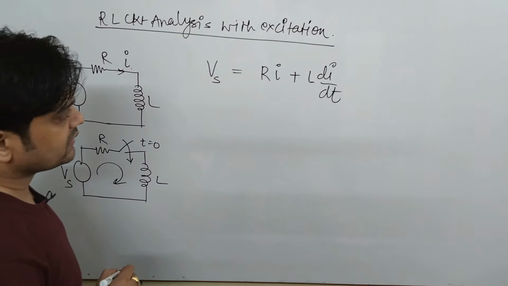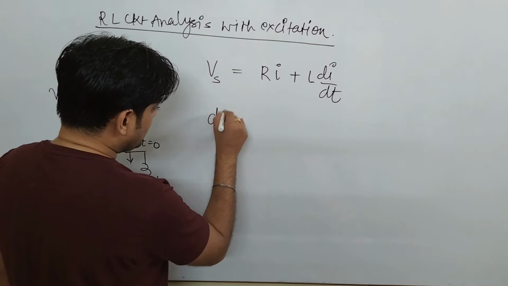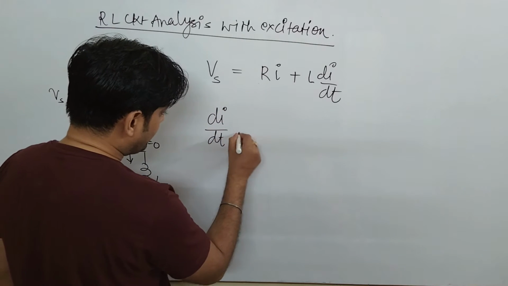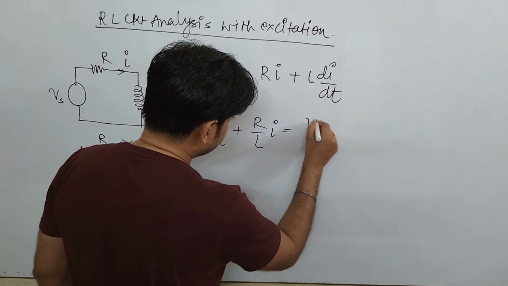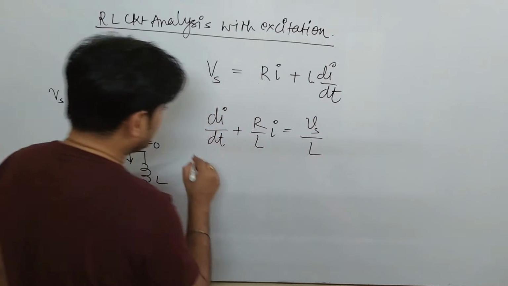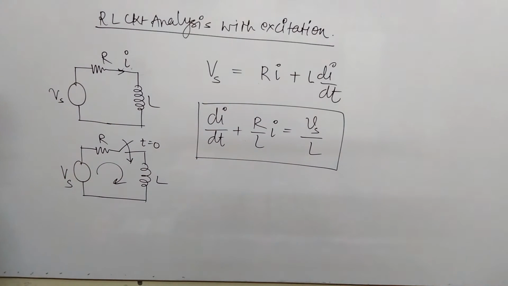This is your simple equation. You rearrange this equation and write it in the form: di by dt plus R by L i is equal to Vs by L. So this is your first order differential equation.